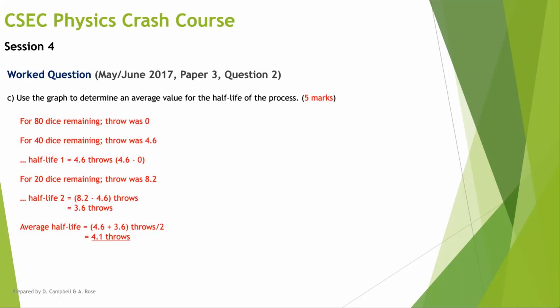So in this case, we did 2. So we have the first half-life being 4.6, the second is 3.6. So we add those two values and divide by 2 to get an average half-life of 4.1 throws. So in other words, every 4.1 throws, the number of dice remaining would decrease by half.